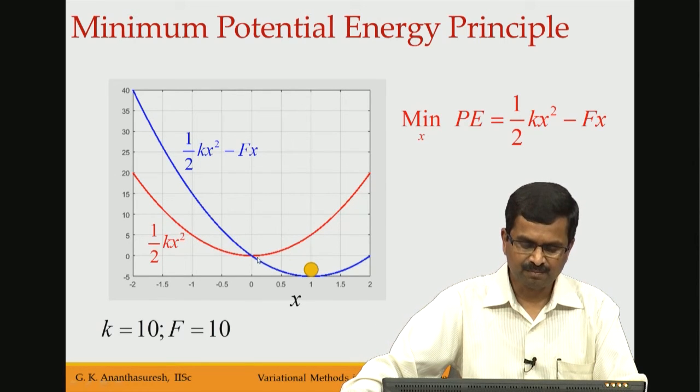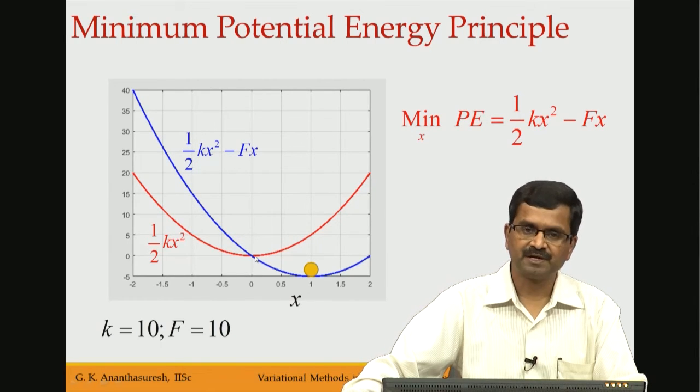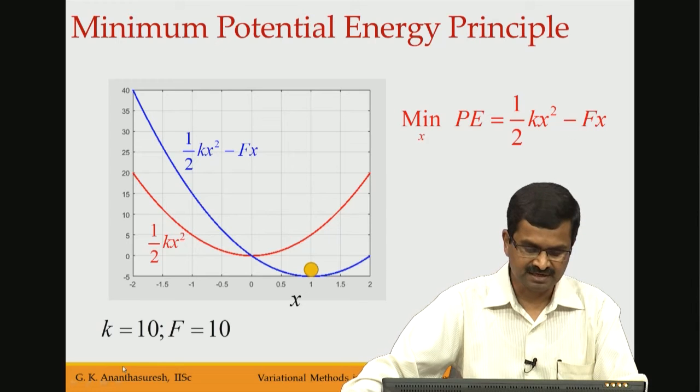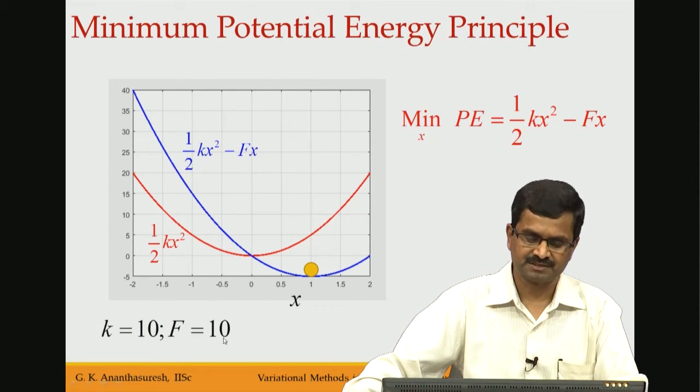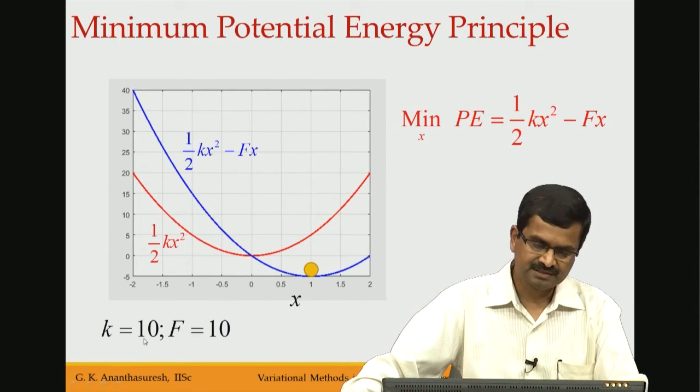If you see, previously the minimum point was at x equal to 0, meaning that if there is no force, the spring will stay put where it is, there will not be any displacement. The moment I apply some force F, in this case I have taken F equal to 10 units, k is 10 Newton per meter, F is 10 Newtons.